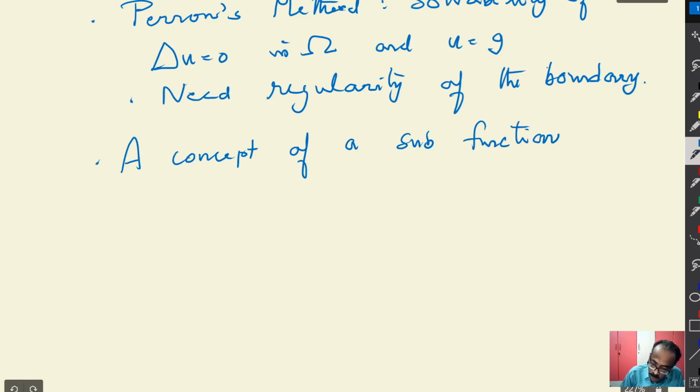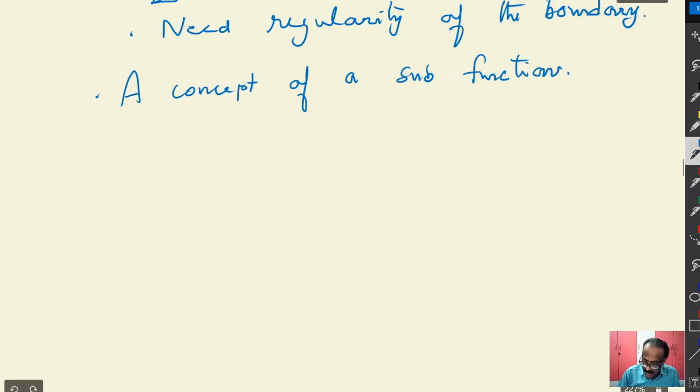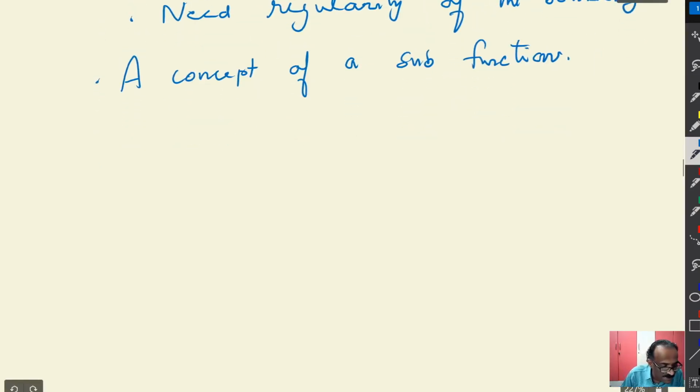So probably I may give the definition of the subfunction and recall it again, so I can start something more next class. Definition, subfunction.